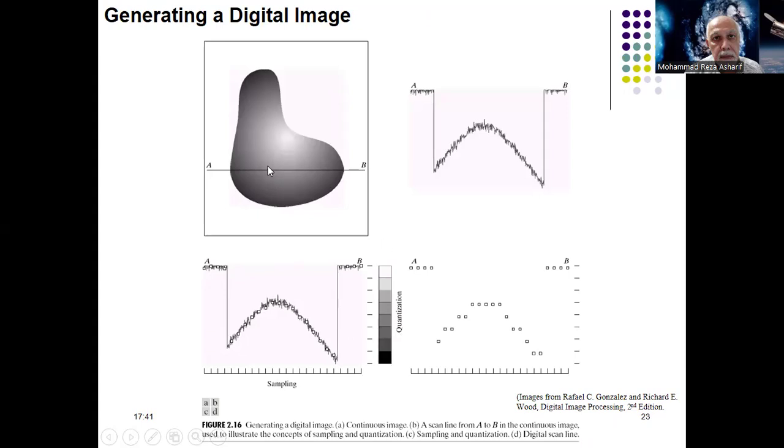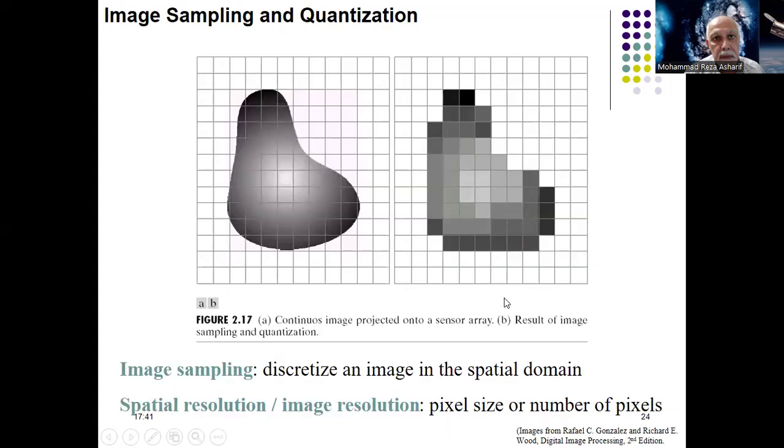So for this line, this horizontal scanning line, there are different levels of brightness, and each one is quantized into different levels like this, that later I will explain.